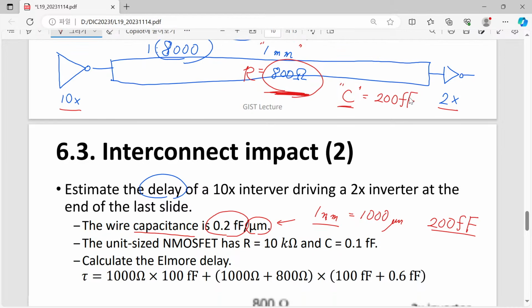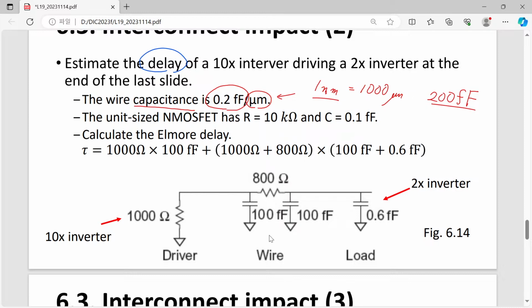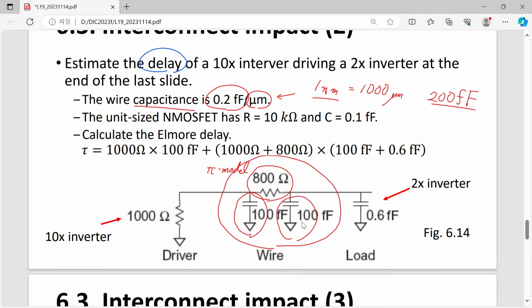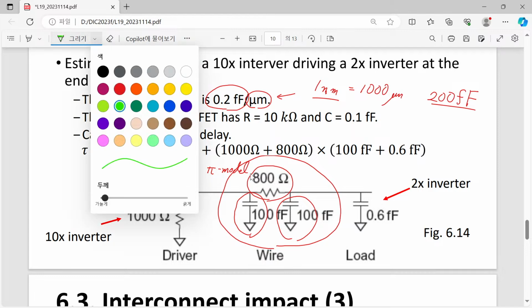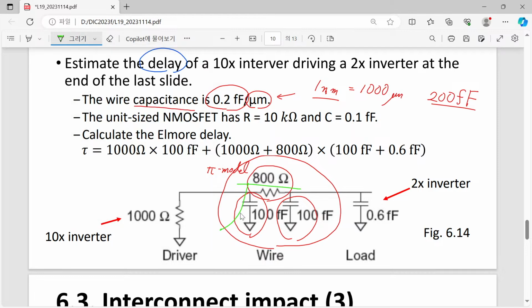In the lumped element model, we will just use this simple expression, typically called the pi model. Here we have the resistance, and the capacitance is distributed on both sides. Since the shape resembles the Greek letter pi, we call it the pi model.